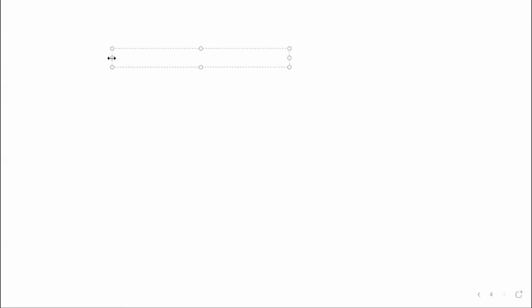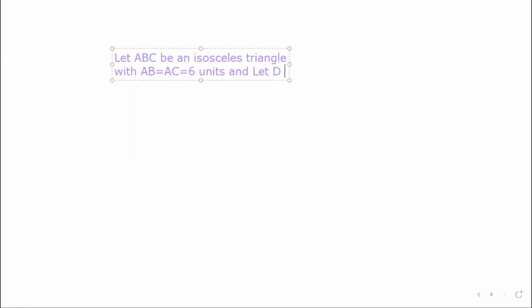Let ABC be an isosceles triangle with AB equal to AC equal to 6 units, and let D be the midpoint of AC.